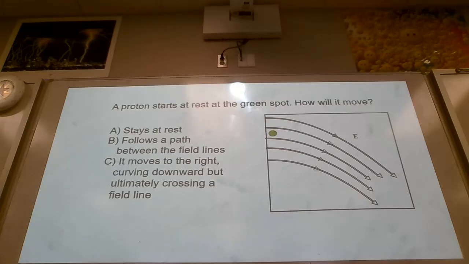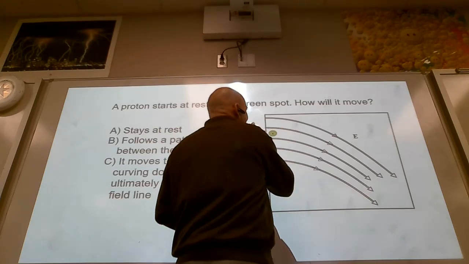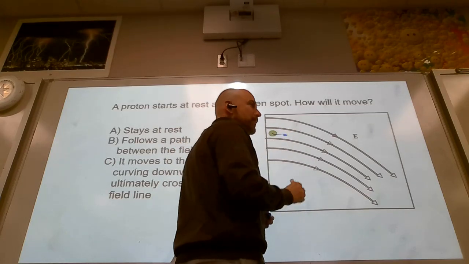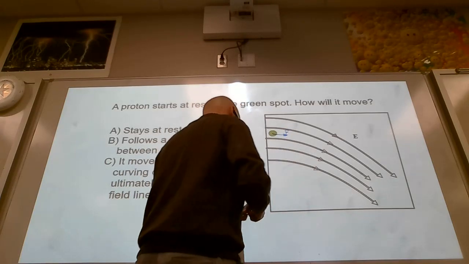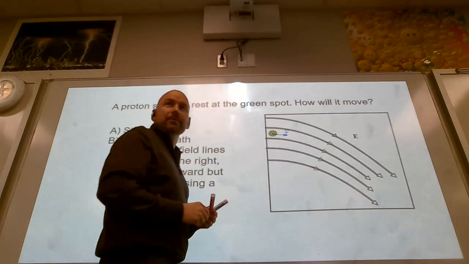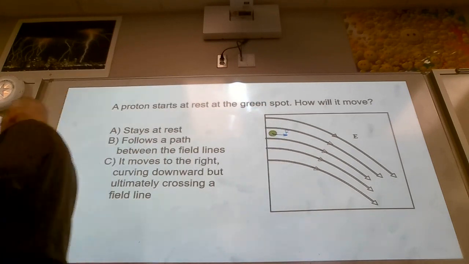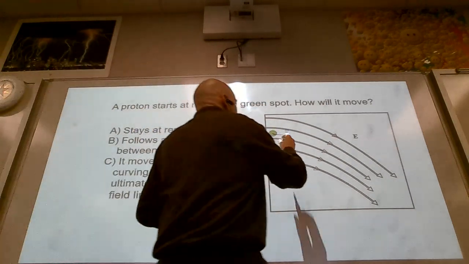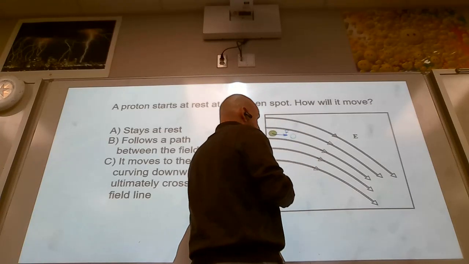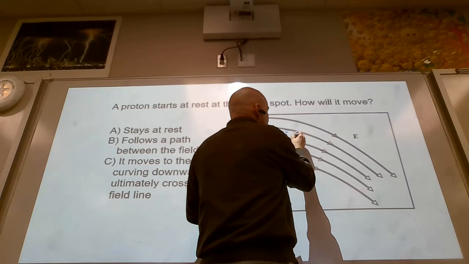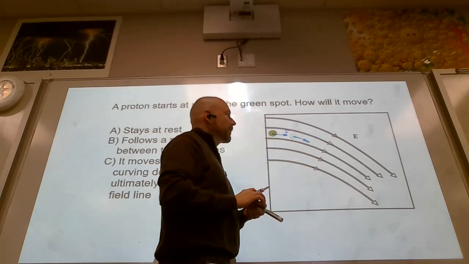Now, initially, the force on this is going to go tangent to, that's the force, okay? And therefore, the acceleration is going to go in that same direction. So it's going to speed up this way. Now, the force is going a little bit down like that, and it's getting stronger because they're getting a little bit closer together.